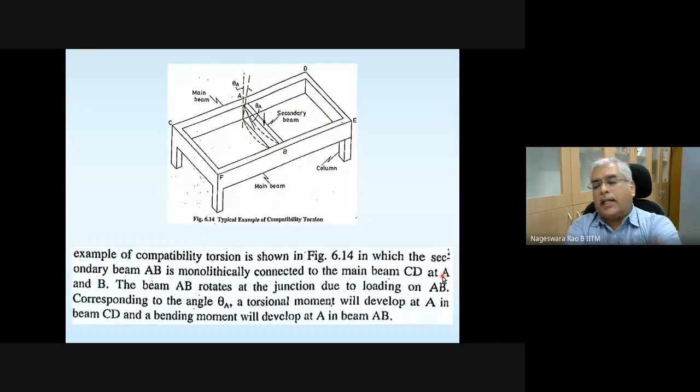Please note that this happens when you ensure that these two act in a monolithic manner. Secondary beam AB is monolithically connected to the main beam CD at A and B.